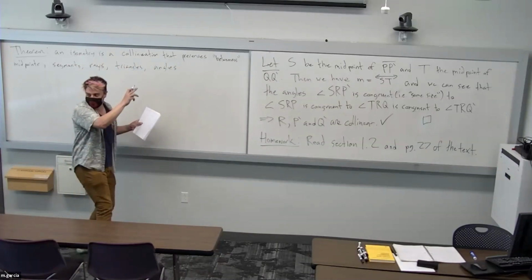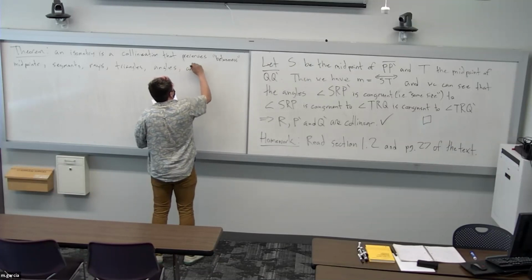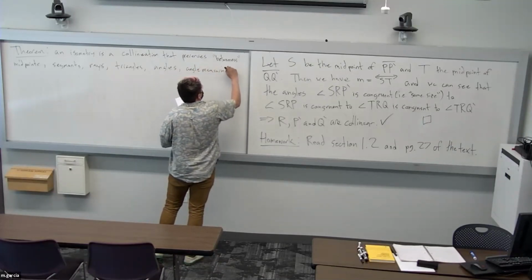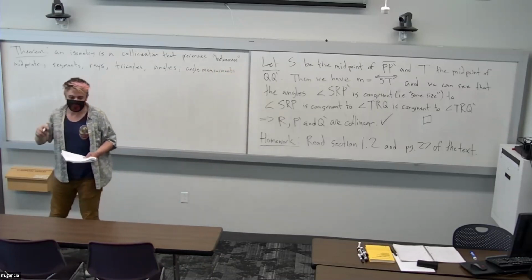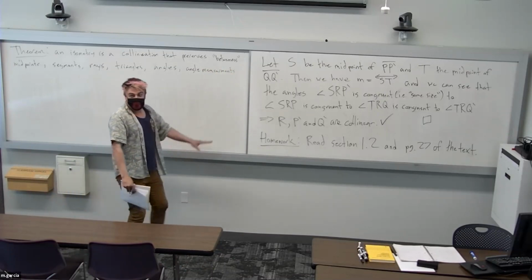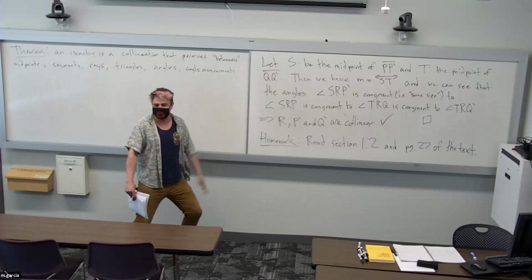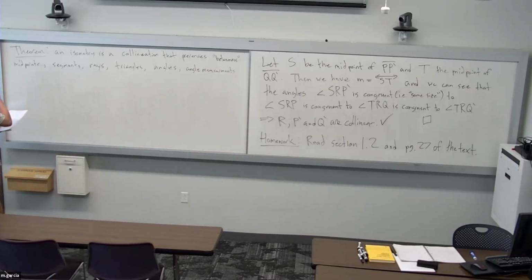Triangles to angles. Angle measurements. Wait, what is an angle measurement? What does an angle mean then? The angle is the geometric thing. The measurement is the number of degrees that it spans. Yeah, I know, it's ridiculous. And perpendicularity.